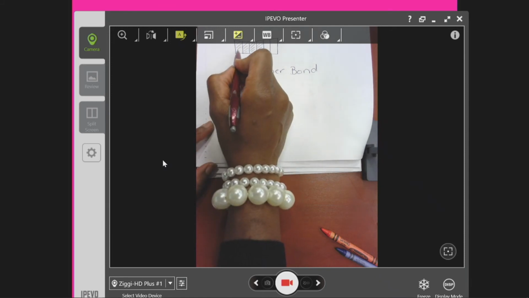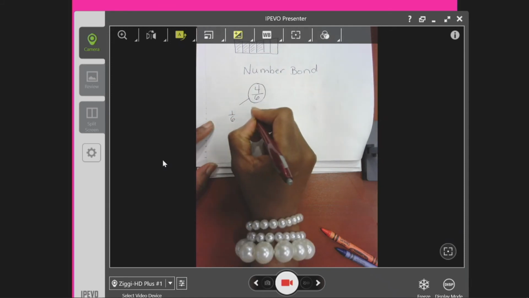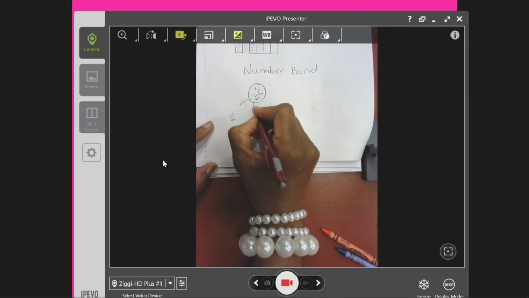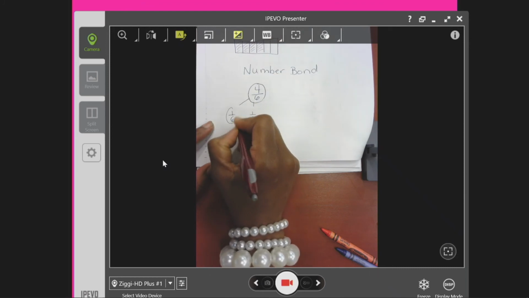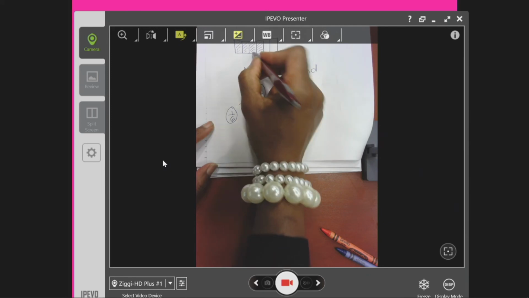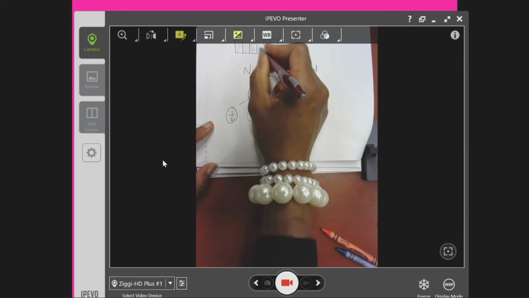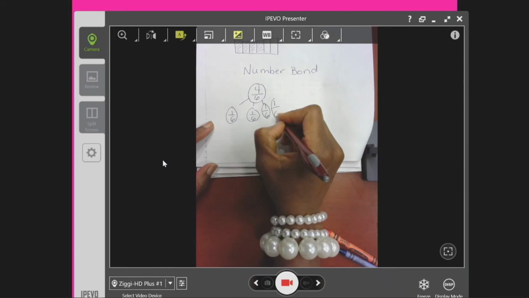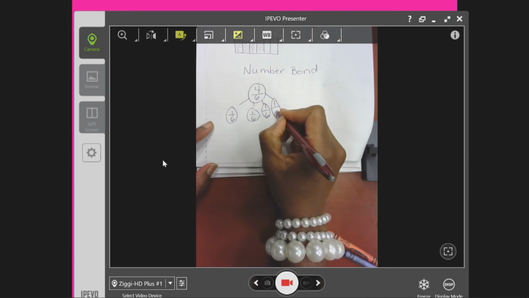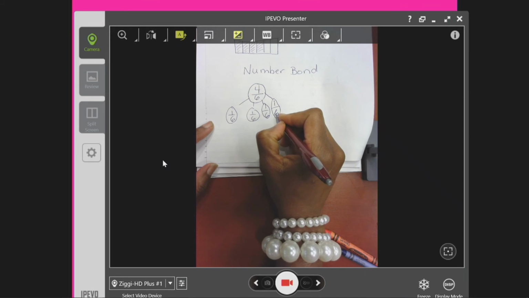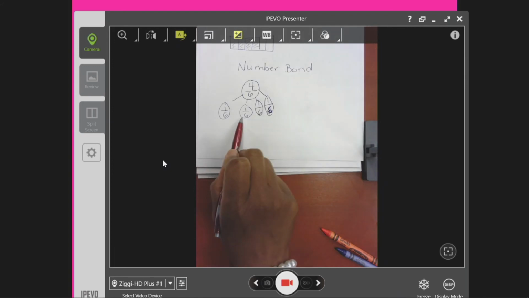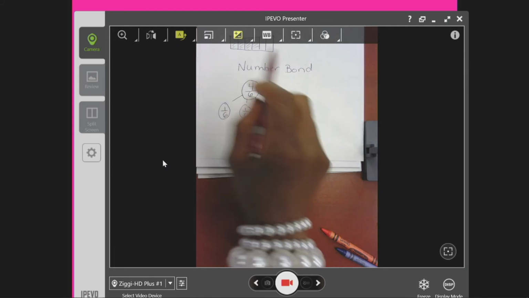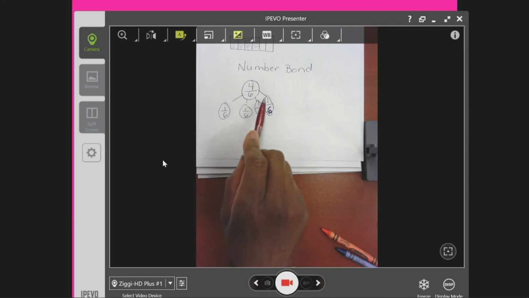Well, 1/6 plus another 1/6 plus another 1/6 plus another 1/6. Oops, we can fix that. That's 1 over 6. 1/6 plus 1/6 plus 1/6 plus 1/6 will equal 4/6. 1, 2, 3, 4.